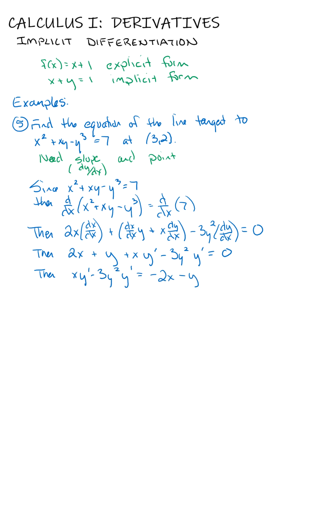Right now, on the left-hand side, I do want to go ahead and factor out this y prime. That will allow me to isolate it. And then we can solve for y prime. Y prime is negative 2x minus y over x minus 3y squared.